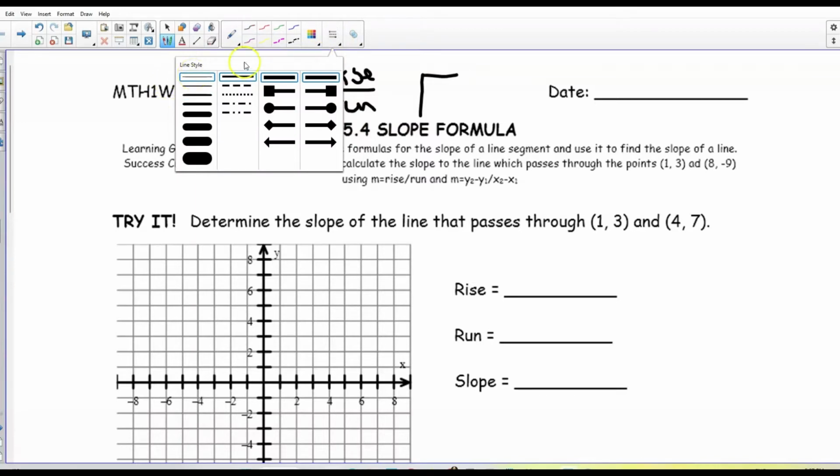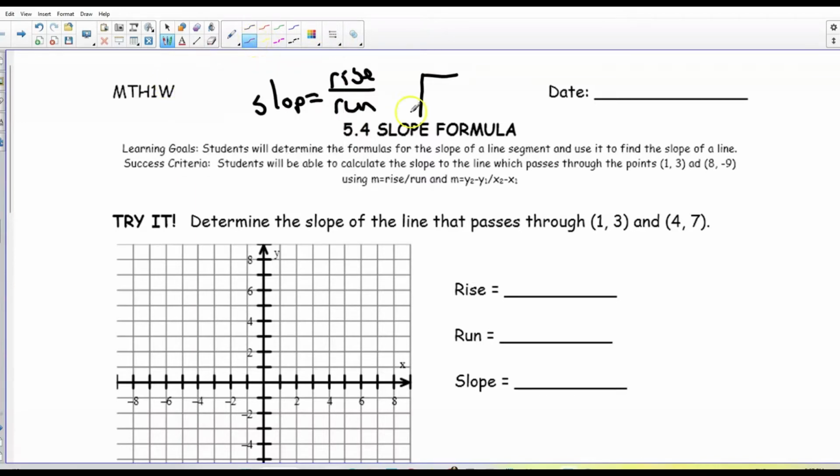This only works with straight lines, so I'm going to change my colors here for a little bit. So this would have to be a straight line. How much does a straight line go up and how much does it go over? Now we could have a positive slope, a negative slope, a zero slope, and an undefined slope. Remember the video of Slope Dude as we looked at the different types of slopes.